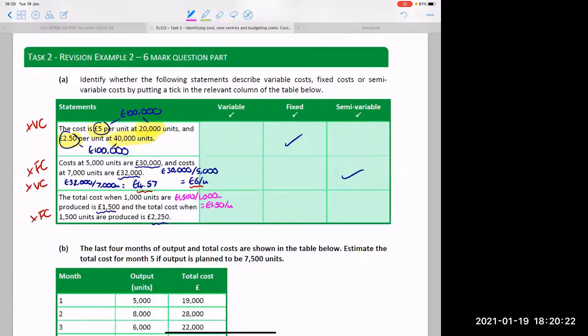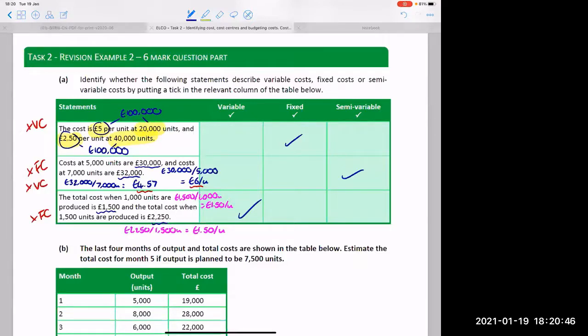And then do the same again on the next situation. So £2,250 now divided by 1,500 units, we still get £1.50 per unit. So we know that as cost per unit is staying the same, as cost per unit is constant, it's a variable cost.